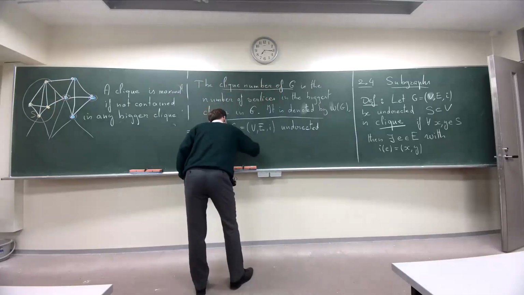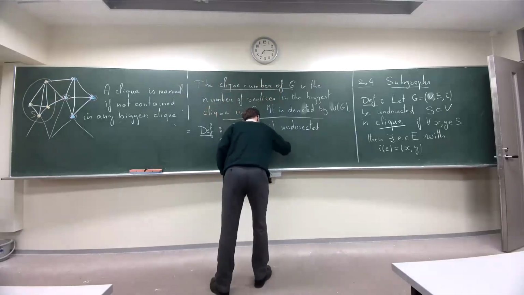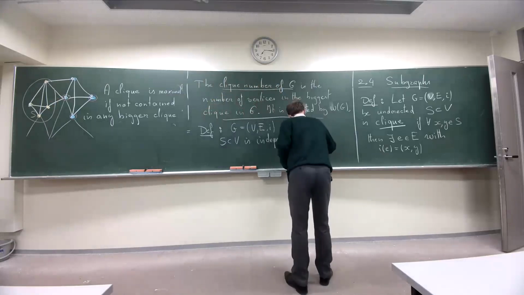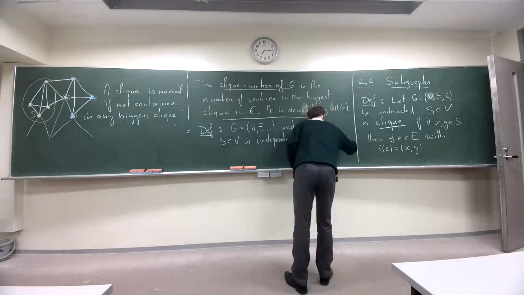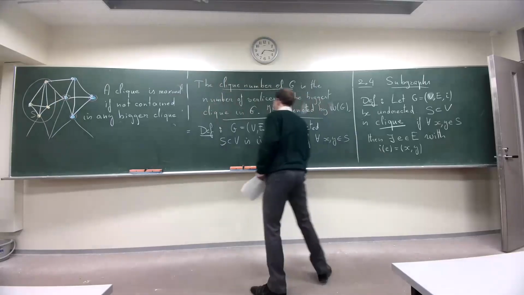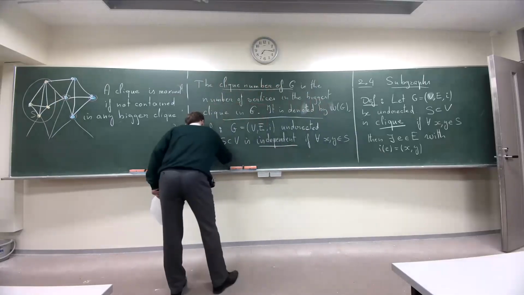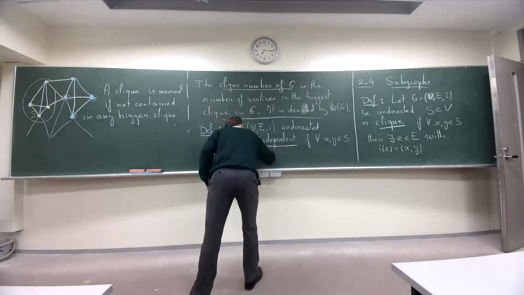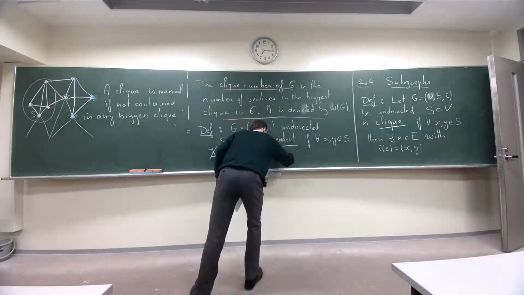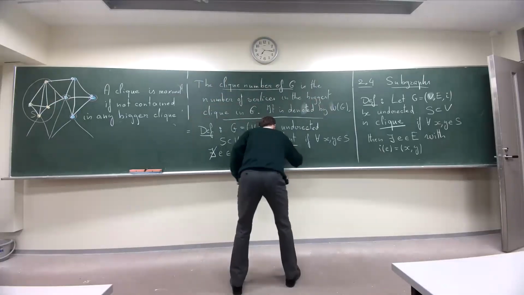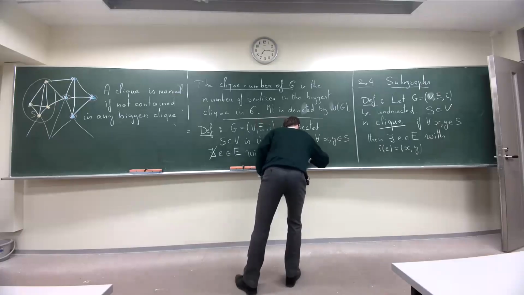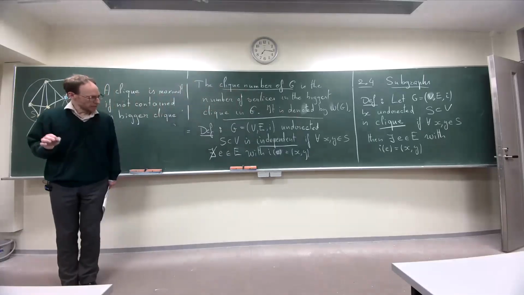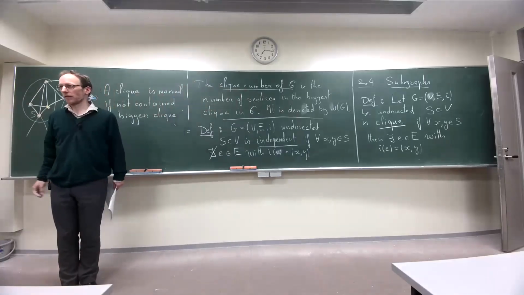S included in V is independent if whenever you take x and y in S, there is no edge. There exists no e inside the graph with i of e equal to xy. So S is called independent if all points are not connected.